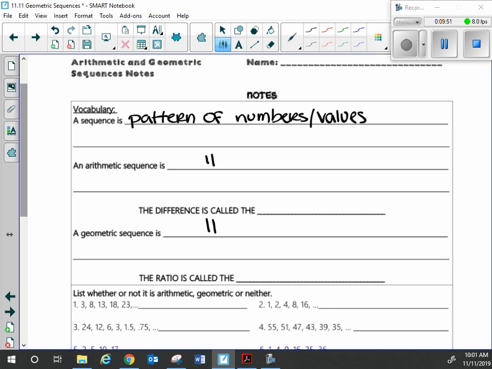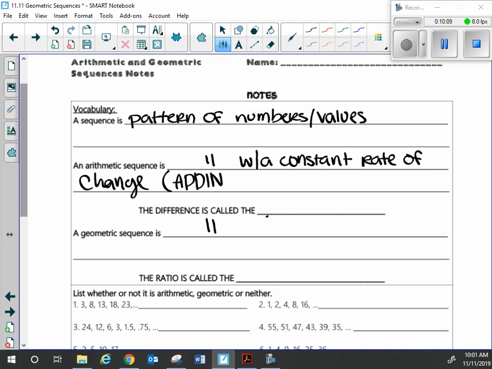It has a constant rate of change. Geometric. And we're going to put there you're adding. Because that's our main takeaway. When you look at the different rules, you're looking at, does it add or does it multiply?